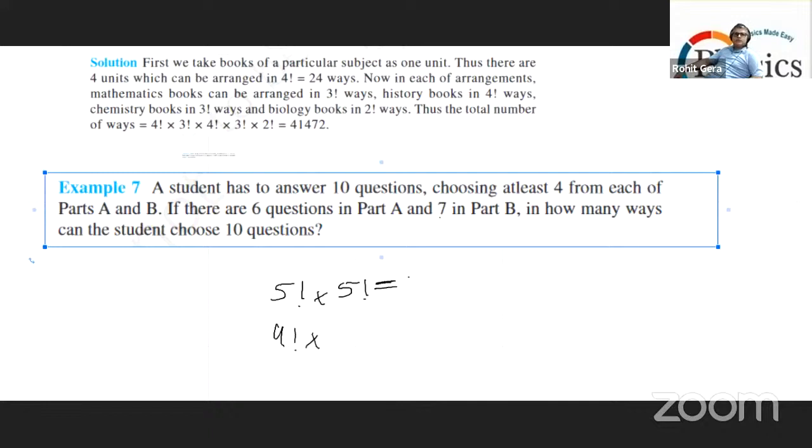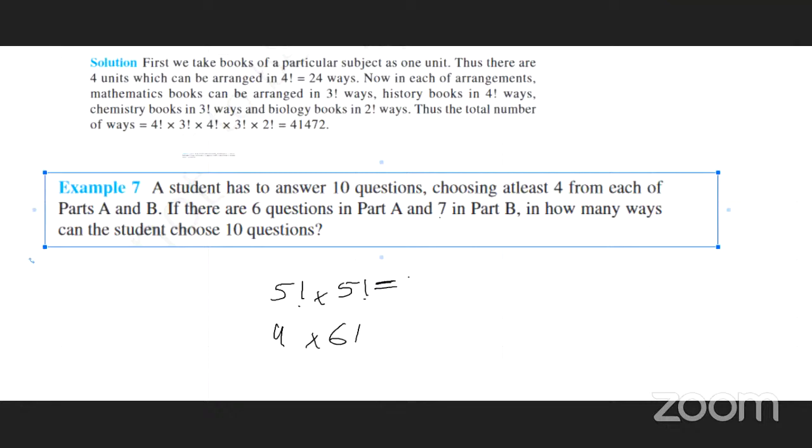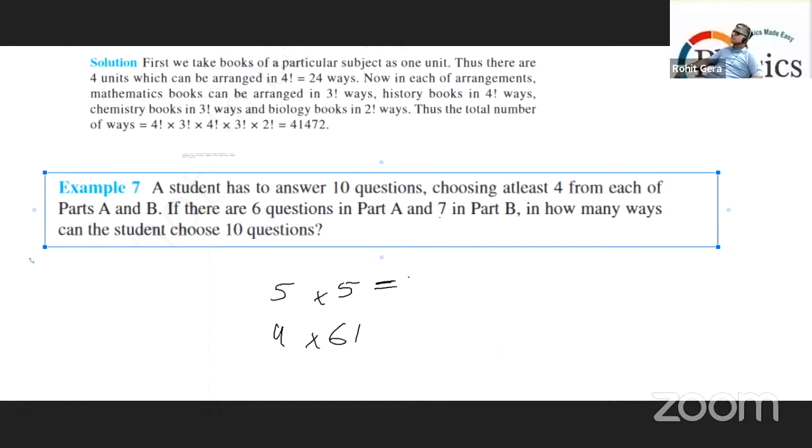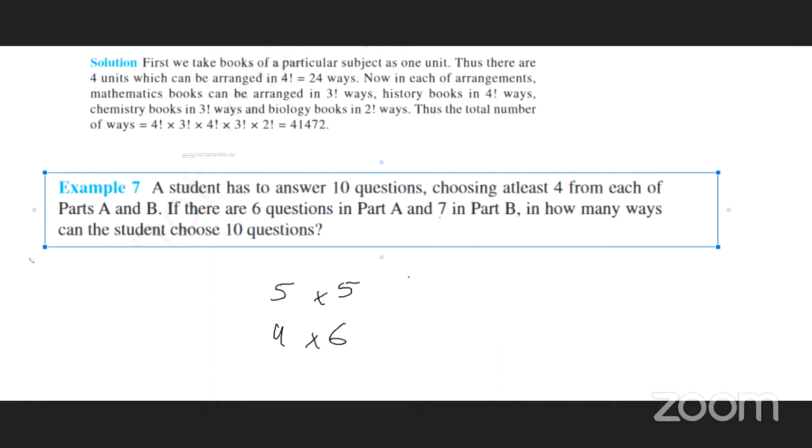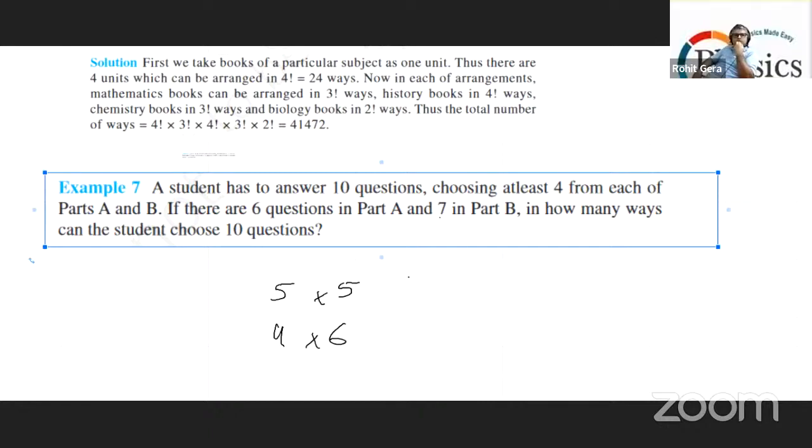5 into 5 and 6 into 4. But you have to make the selection out of 6, right? I asked, at least from each of the two.